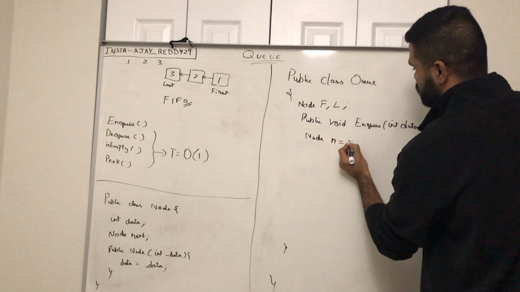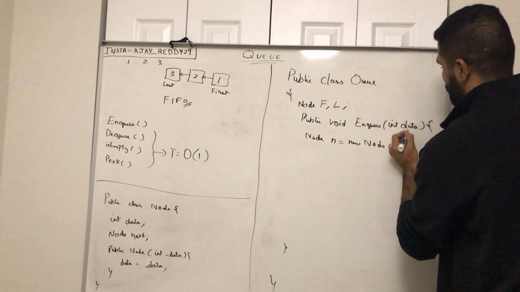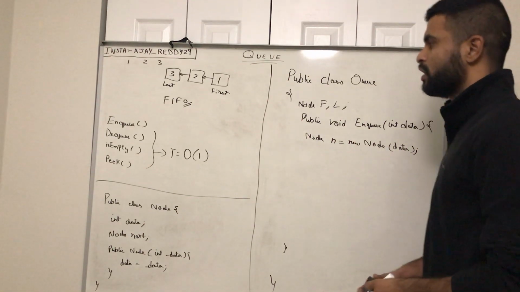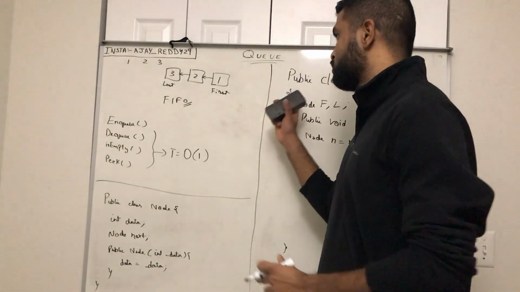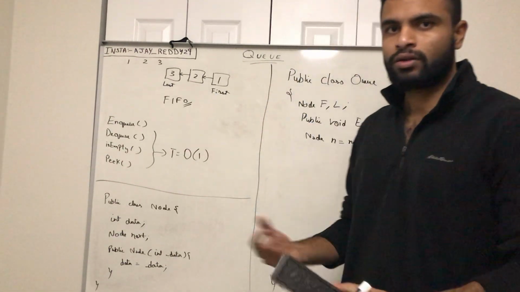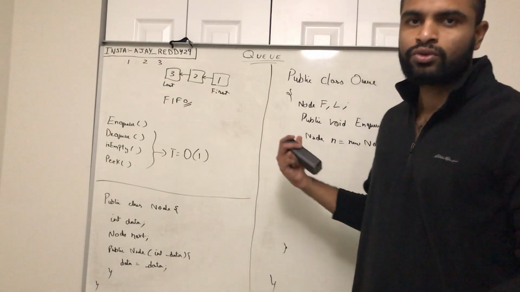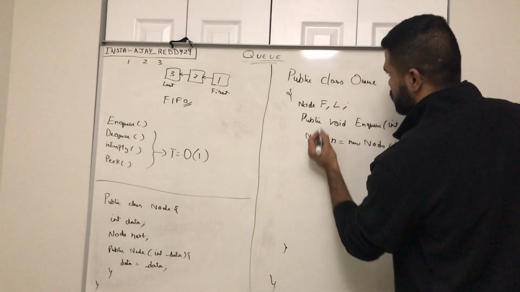I'll name it n is equal to new Node, and I'll pass this data so that I get a new node.